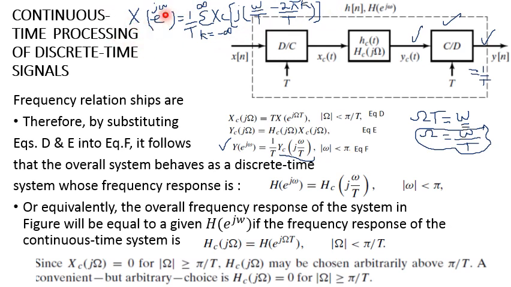This is X(e^{jω}) equals 1/T summation k running from minus infinity to infinity, X_c(j(ω/T − 2πk/T)). Now with the constraint that ω is less than π, we exclude the replica terms and the summation will just leave X_c(jω/T), if the input signal cannot have frequency greater than π.